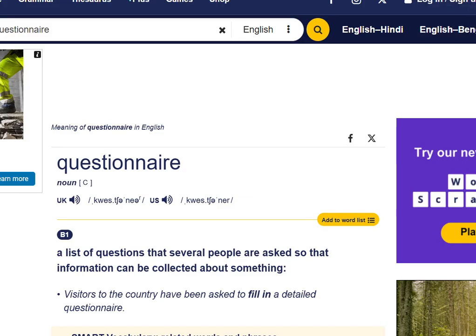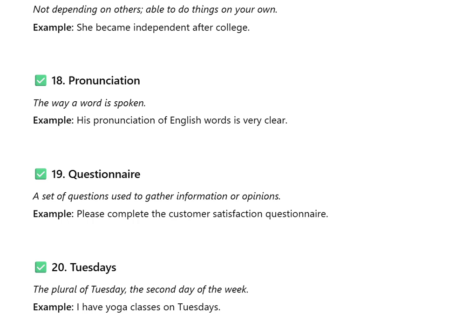So questionnaire is a list of questions that several people are asked so that information can be collected about something. For example, you want to know how many people like chocolate and you prepare a questionnaire about it. What kind of flavor they like when it comes to ice cream or anything.